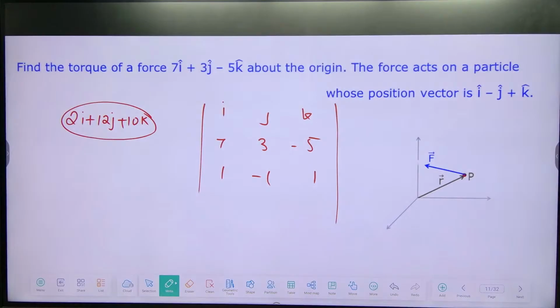Completed. Which one? Where is the minus common?